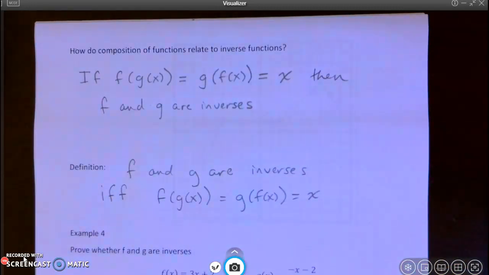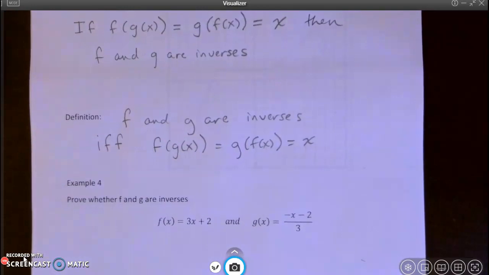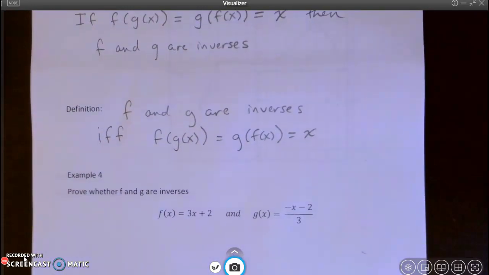So in order to prove, as we're going to do in example 4, whether f and g are inverses, if they are, I have to show that when I put g into f, I get x, and I put f into g, I get x. I have to show that they both equal x, which therefore makes them equal each other.